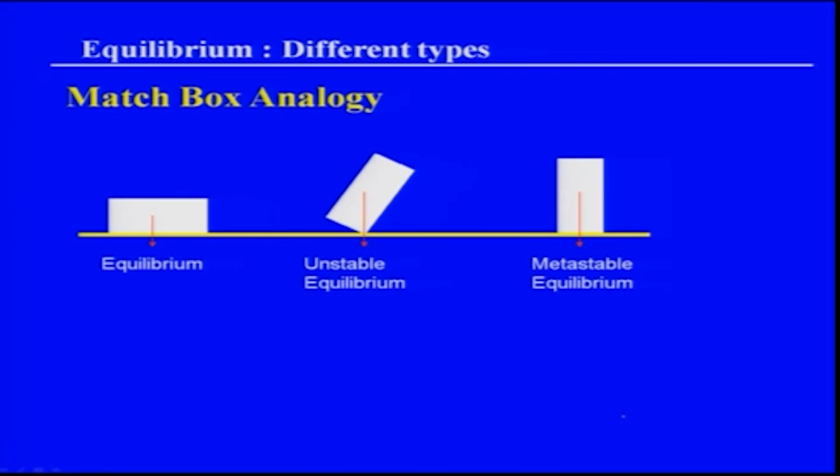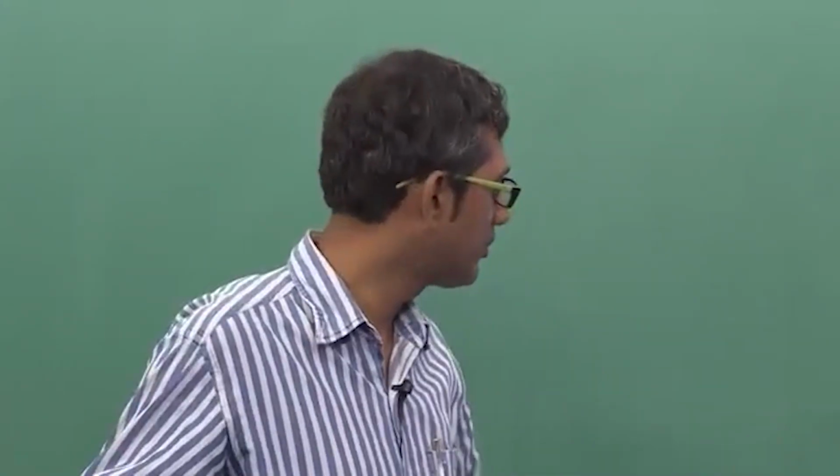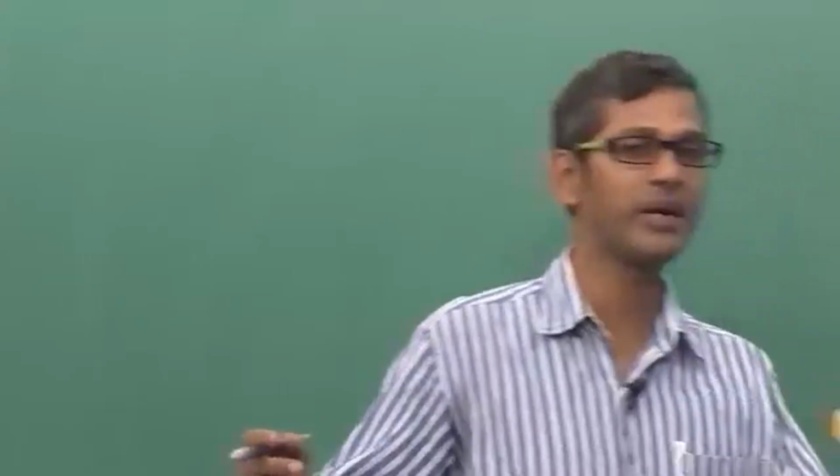If you consider a matchbox, it has 6 faces, 2 broad faces and 4 short faces. If I keep the matchbox on one of the 2 broad faces on a plane, on a table like this one, it is better to show you; this is exactly the same as a matchbox.